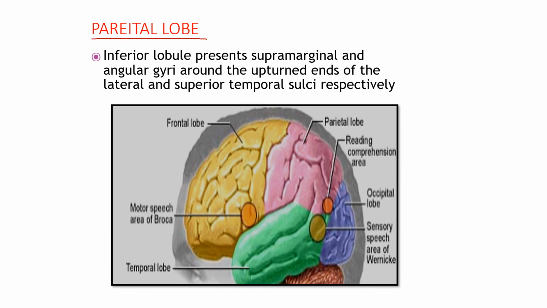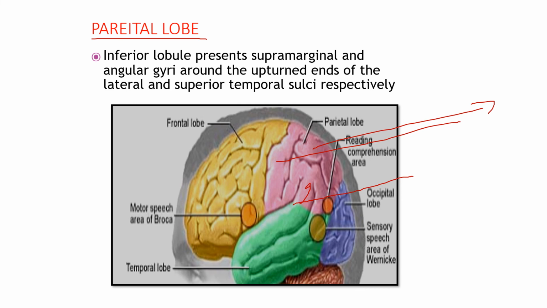We will continue with the parietal lobe. If you see this inferior parietal lobule, this is the post-central gyrus, this is the superior parietal lobule and this is the inferior parietal lobule. The inferior parietal lobule has the supramarginal and angular gyri around the upturned ends of the rami.